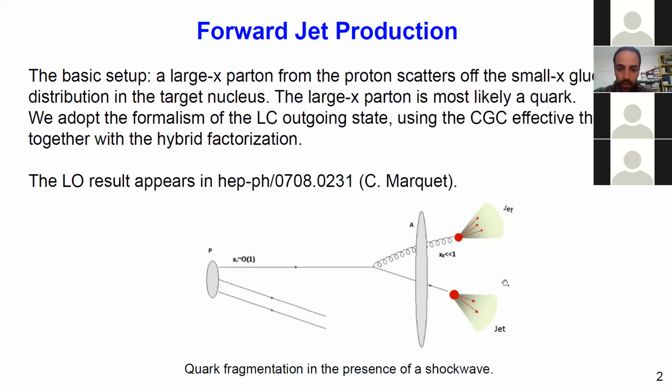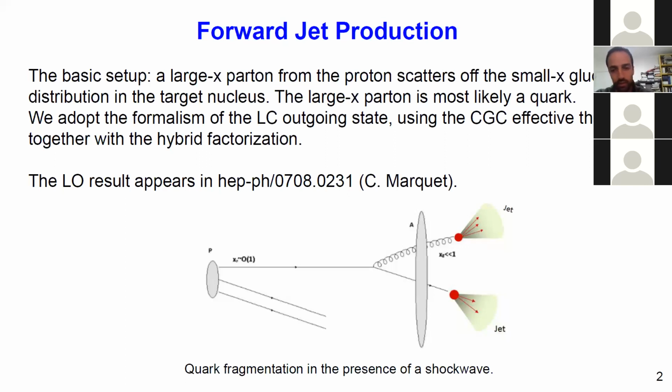The situation at leading order you see here, and this was computed by Cyrille Marquet. I'm going to show you a new way to rederive this result, and then I will show you how to generalize it to higher orders. Before we continue, I will just comment that we are computing the kinematics precisely, which means that we are not going to assume anything about that.